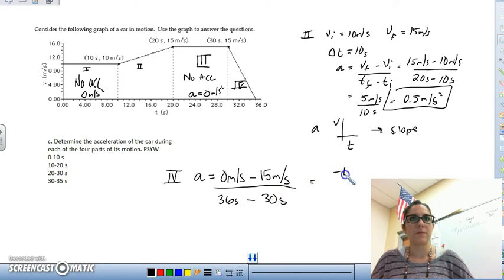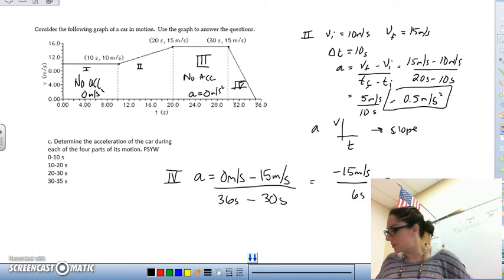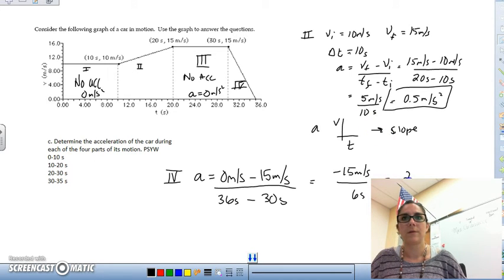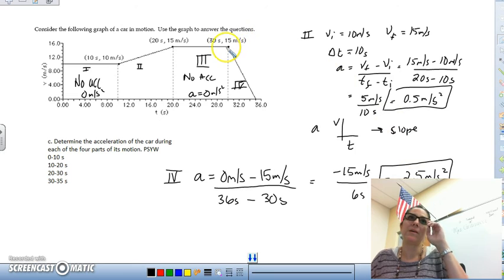We get negative 15 meters per second divided by 6 seconds. So what we get is 2.5 meters per second squared.